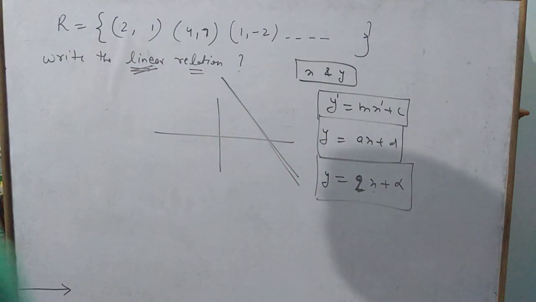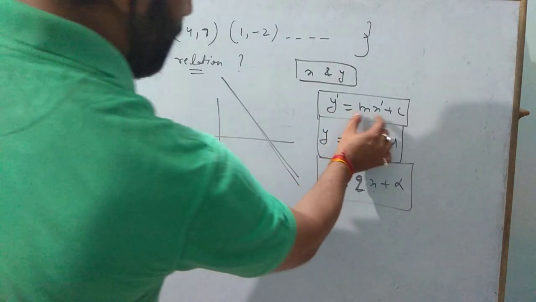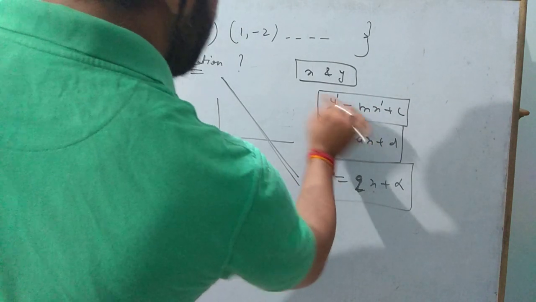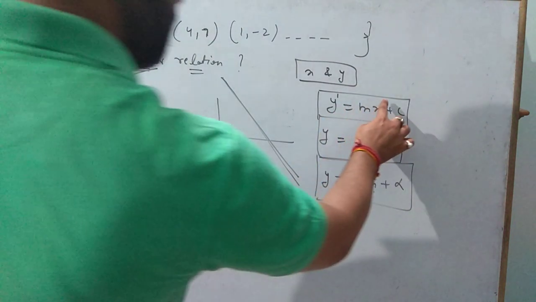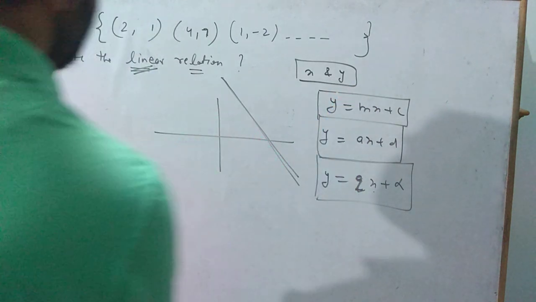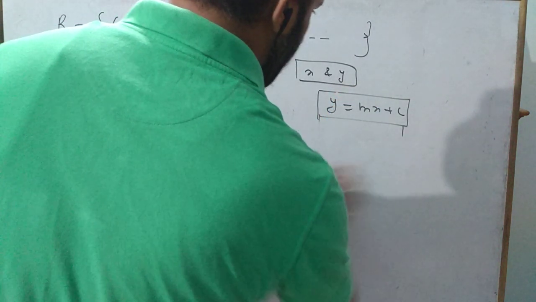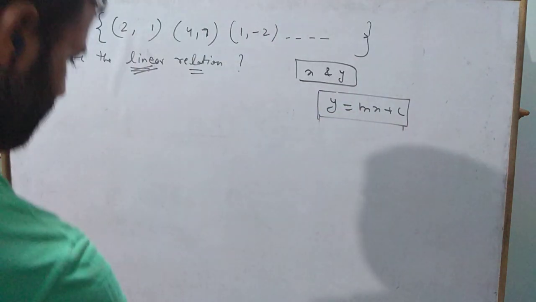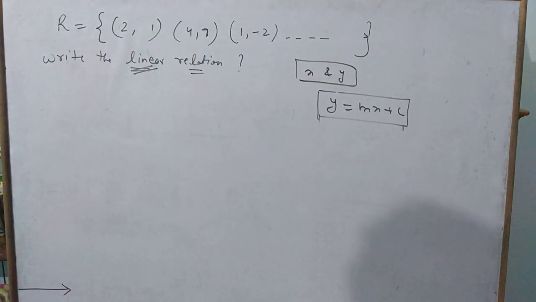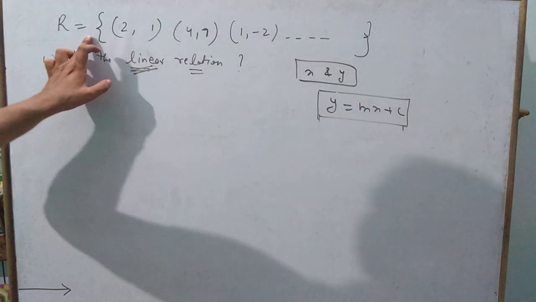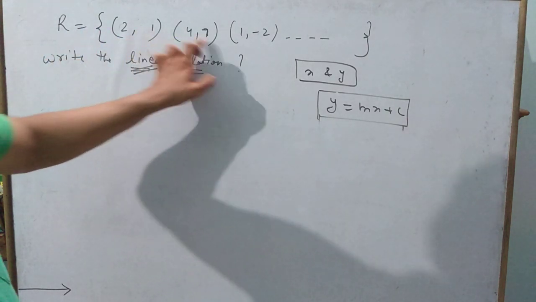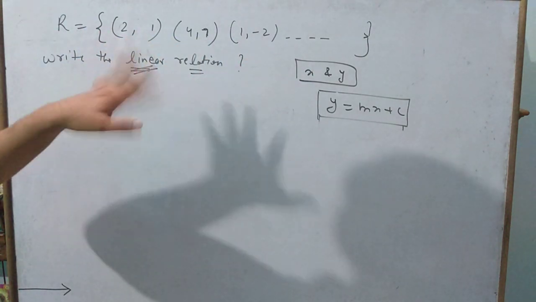This is very important: you can always think of a linear relation as y = mx + c, where x and y have degree 1. You can frame it according to yourself, but ultimately it is y = mx + c. Here the relation is written in ordered pair form, and the question says find the linear relation.